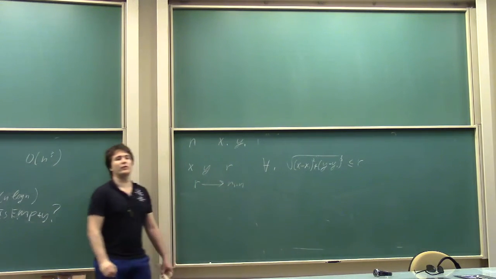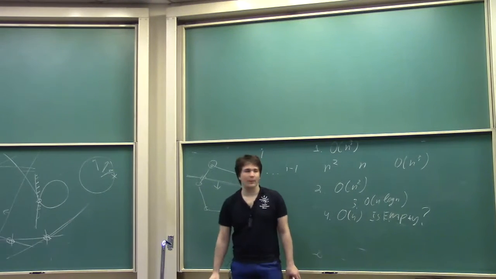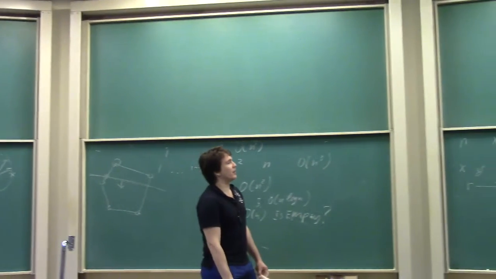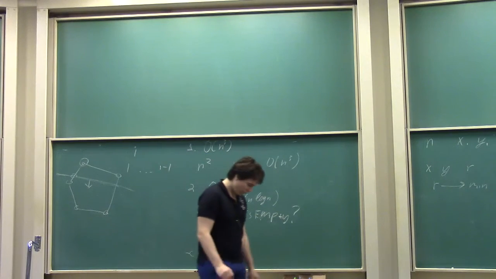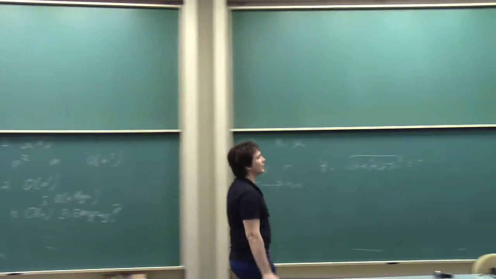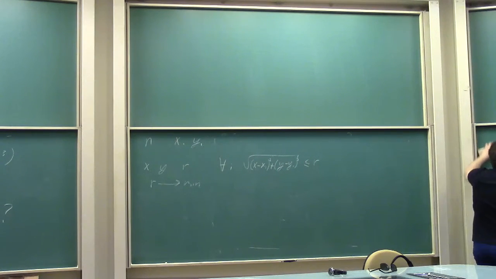So the circle of the minimum radius that has all these points inside. And we will do this in linear time. First step is we take a random permutation of points and start to add them one by one.